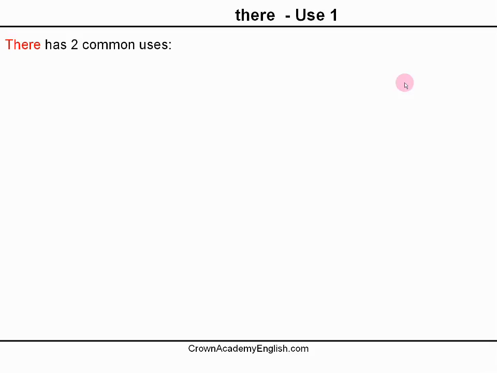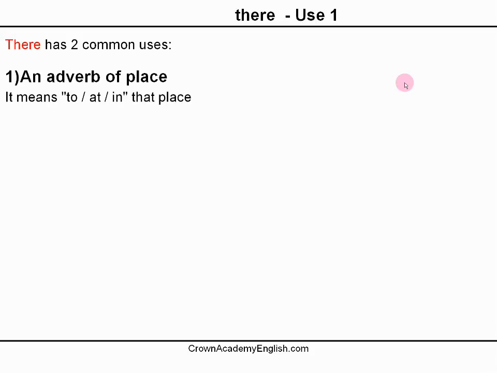And this has two common uses. The first one is it is an adverb of place, and it means to, at, or in that place. So we use there to indicate a place.